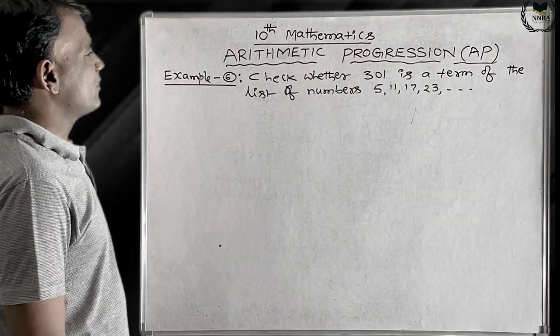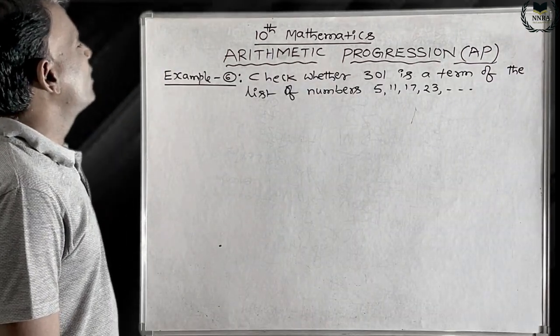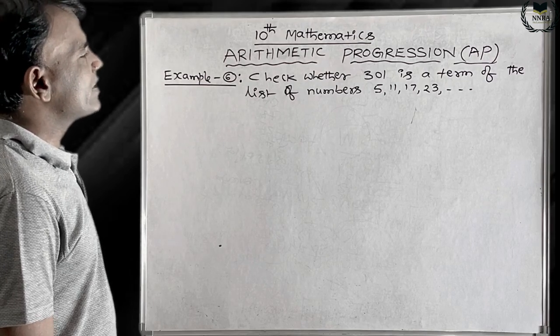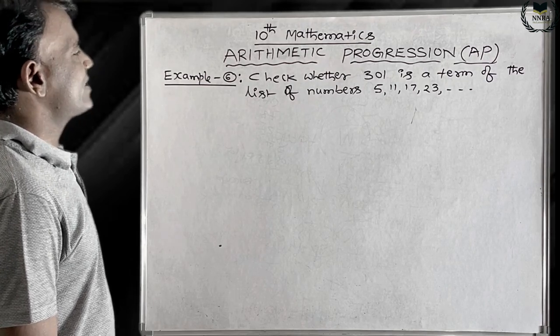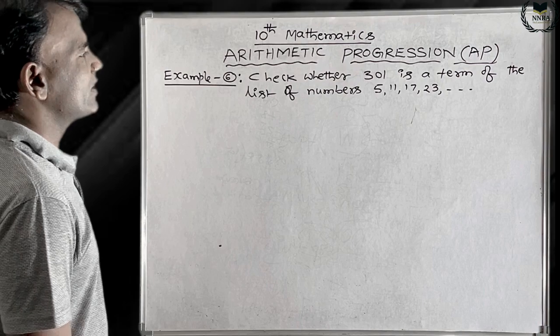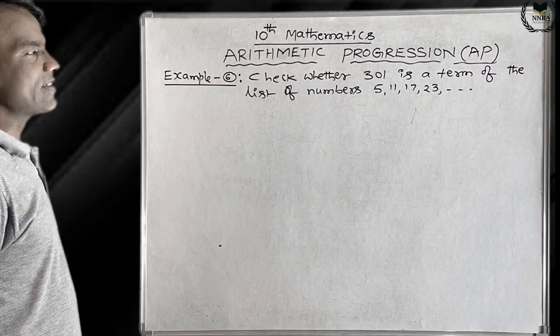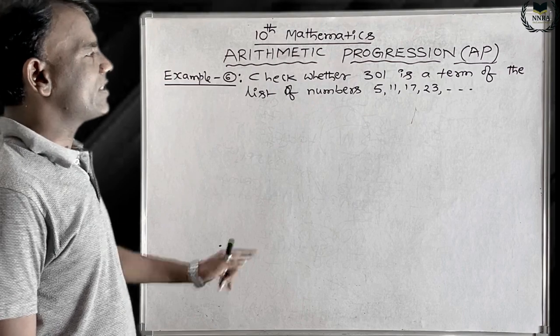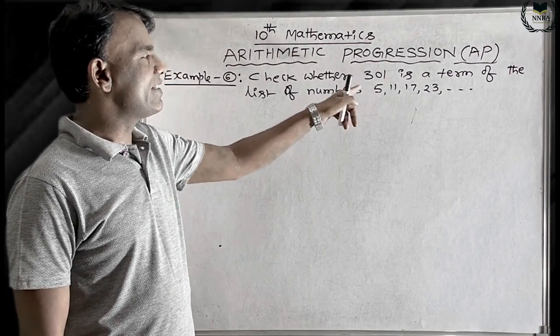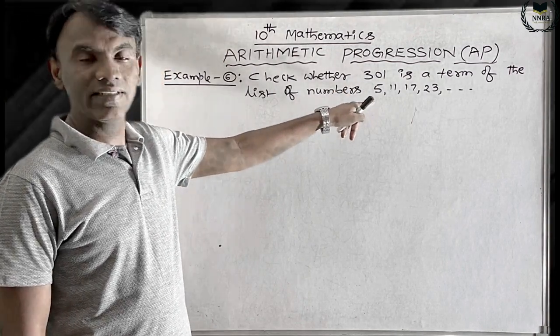Okay, now example number 6. Check whether 301 is a term of the list of numbers 5, 11, 17, 23, and so on. What is the meaning of this question? So we have to check whether 301 is a term of this progression or not.